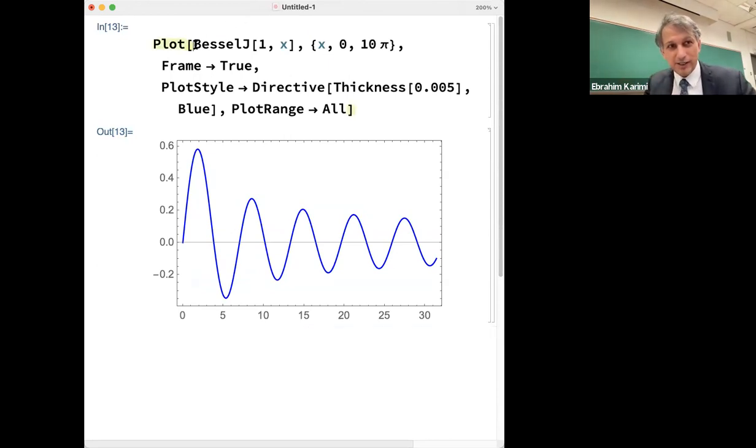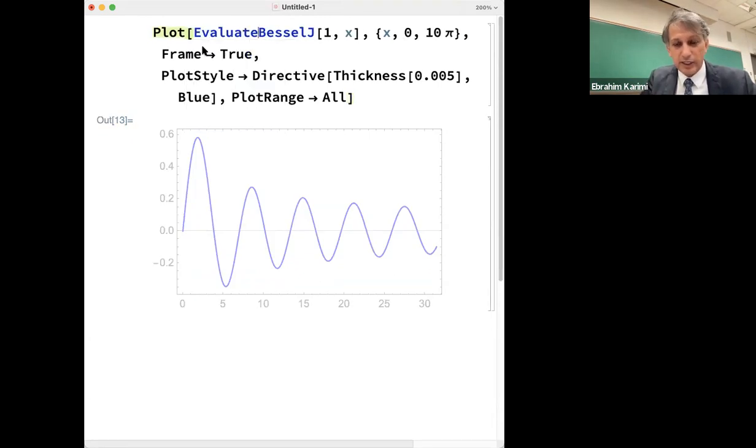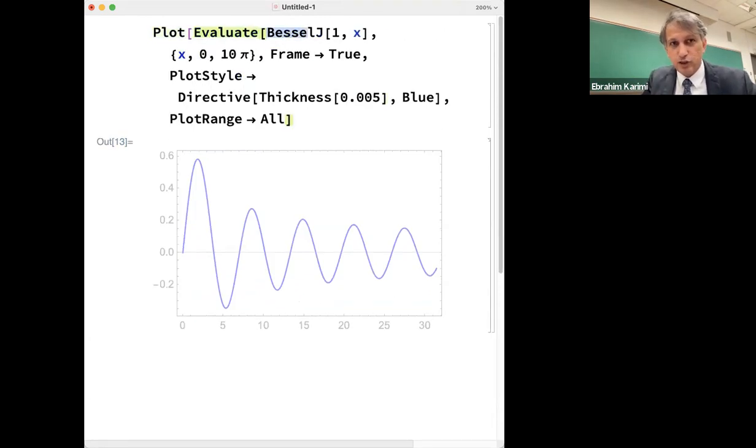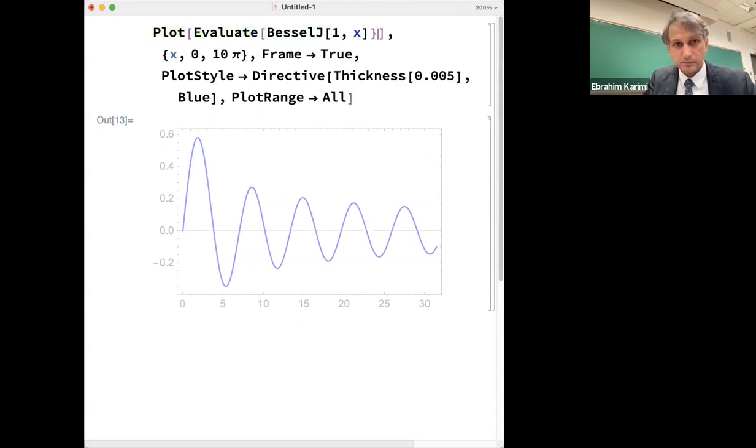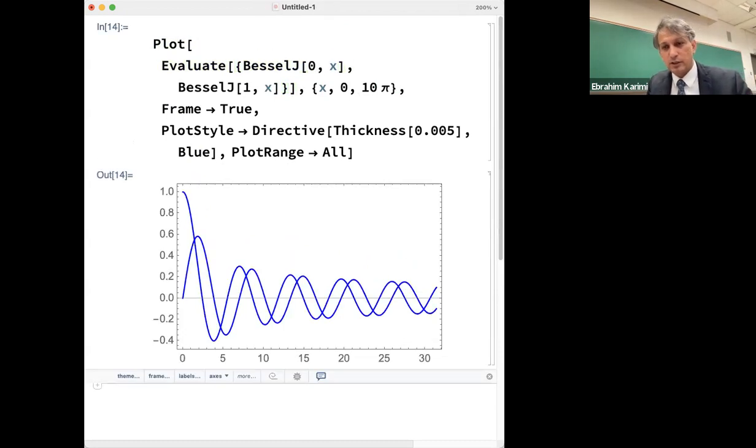Just to give you an idea, look at the two together. Now I'm plotting J0 and J1. Do you see J0 and J1 together?